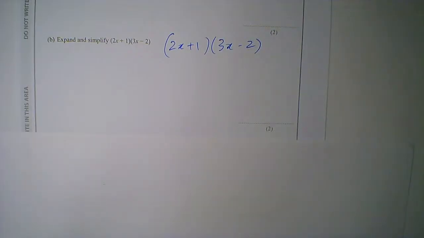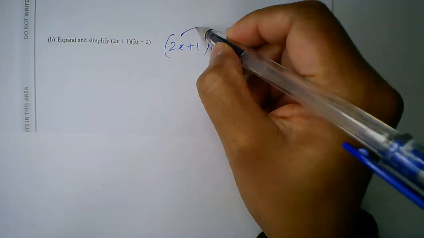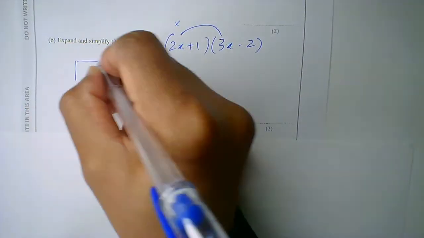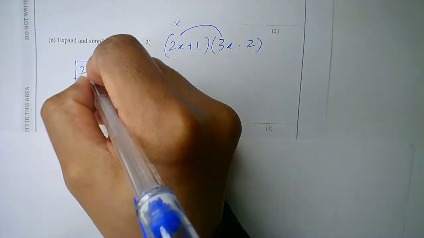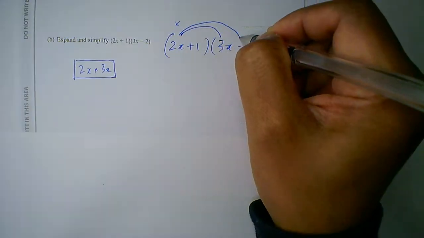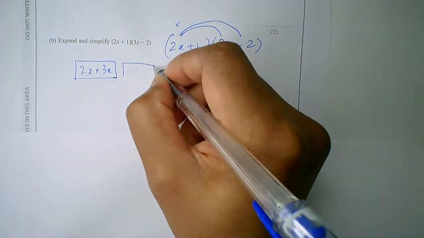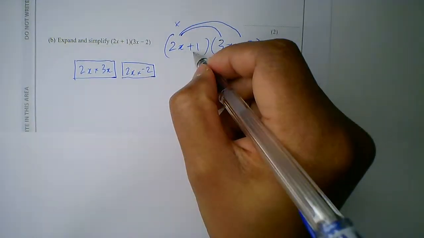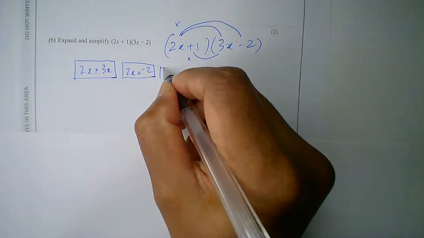Hopefully, you will be getting this right now, and you will be following the steps and all of the working out that we've done. So we're doing 2x times 3x. 2x times by minus 2. 1 times 3x.